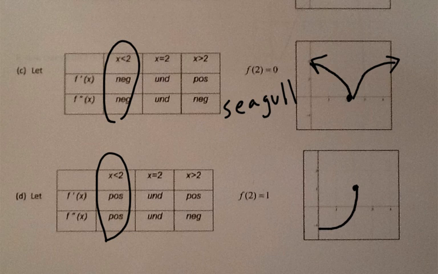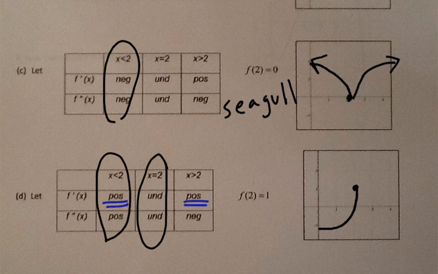Okay, now I'm undefined here, which in the other two examples where I was undefined at x equals 2, I said that was a sharp corner. That's not always necessarily the case, and the reason we know that's not the case here is because I'm going from positive first derivative to positive first derivative.